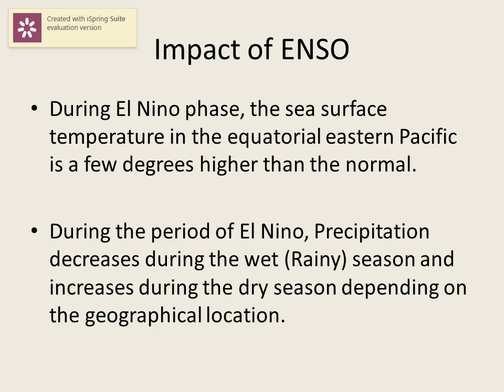Usually, the data that has been collected so far indicated that during the El Nino season, sea surface temperatures have risen around 3 degrees Celsius. And because of this, the precipitation decreases during the wet season and increases during the dry season, depending upon the geographical location.